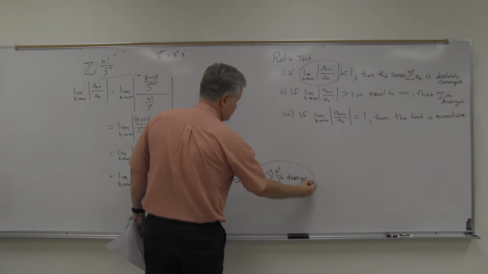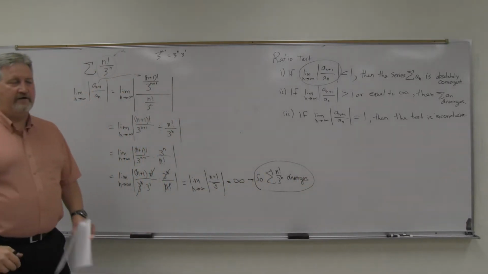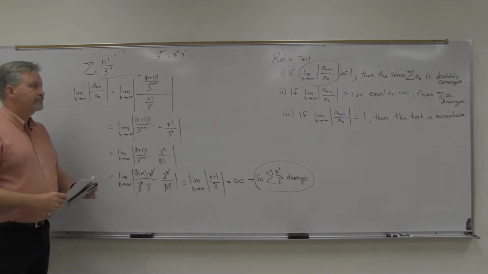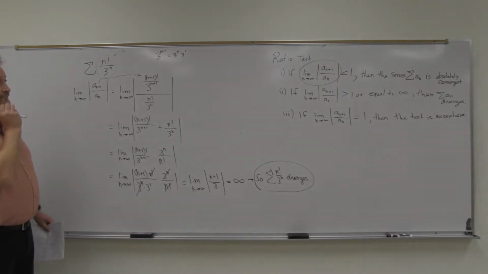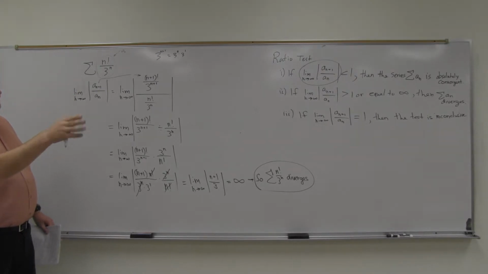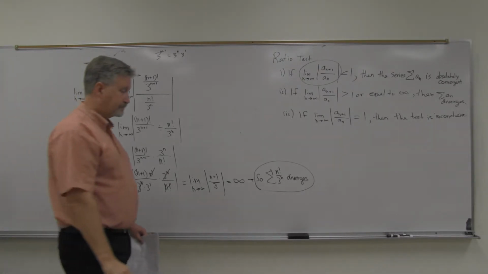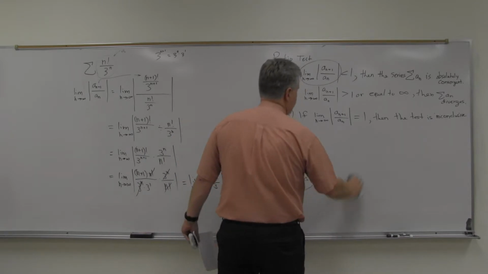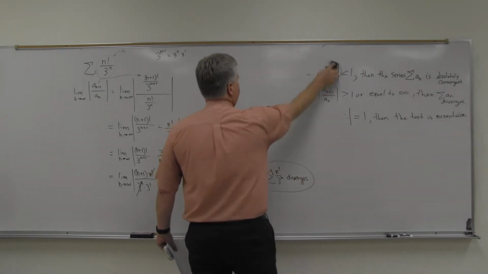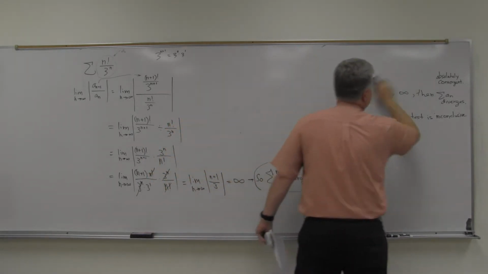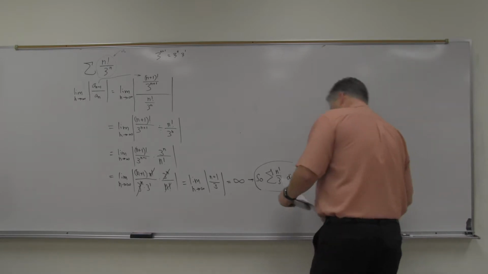Okay? So it's all about calculating that ratio. All right? So if it's less than 1, it's convergent, absolutely convergent. Greater than 1, or infinity, divergent. So I'm sure you remember that, right? All right, let's try another.